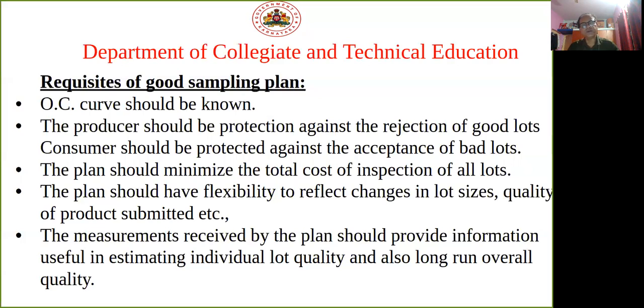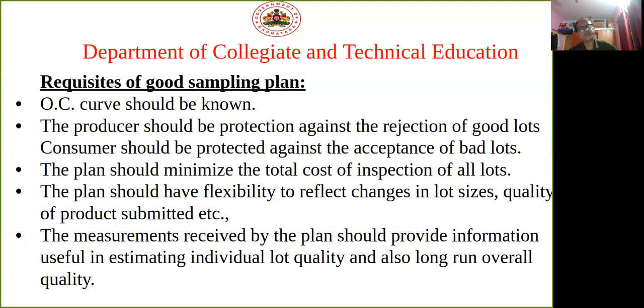First of all, you should know the OC curve well. If the OC curve is proper, then I can say that it is one of the requirements of a good sampling plan. So the first requirement of a good sampling plan is that the OC curve should be known.